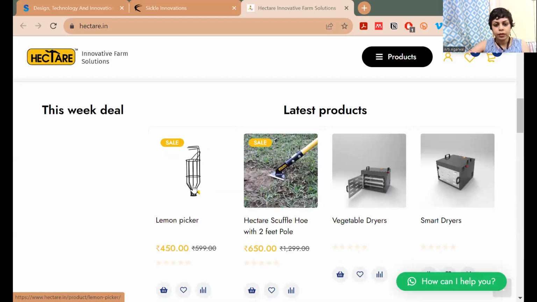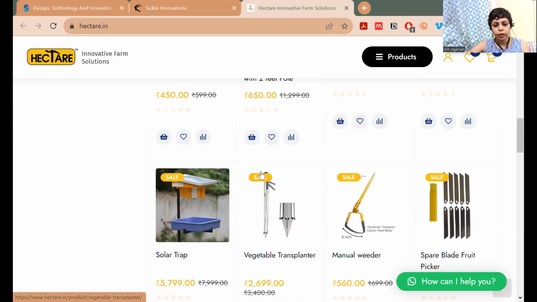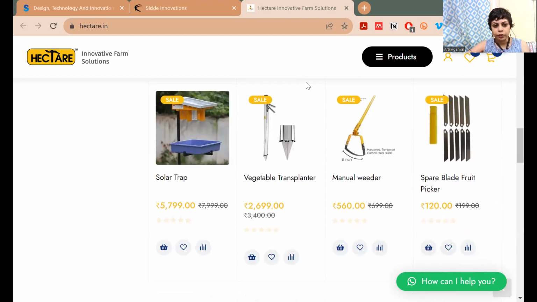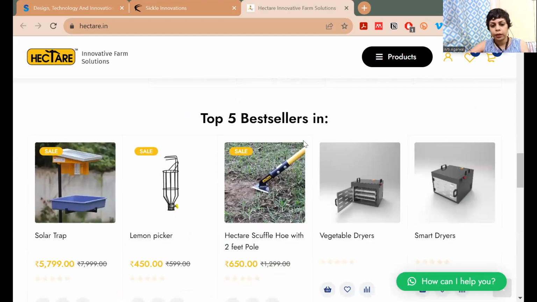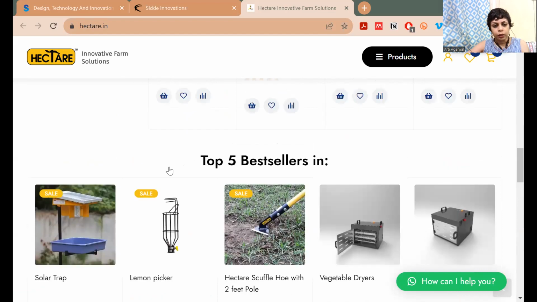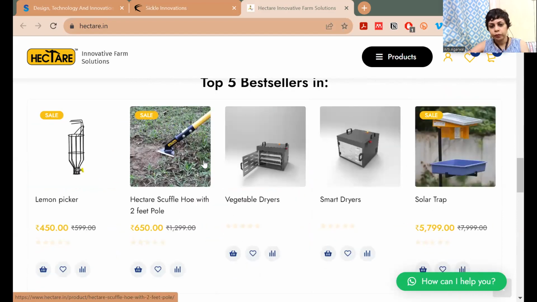Right. So if you see, these are all their new products which they have designed, and they're all very reasonably priced. This is the solar trap, which traps insects during the time at which they have to work. This is a vegetable transplanter, and this is a lemon picker.